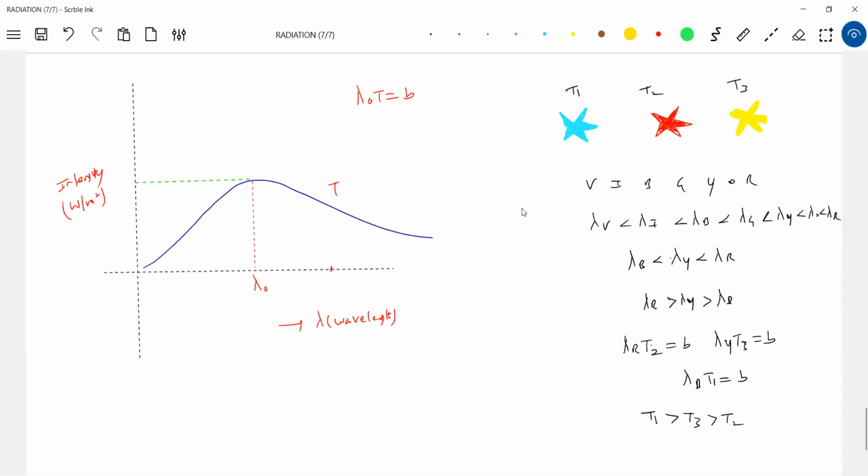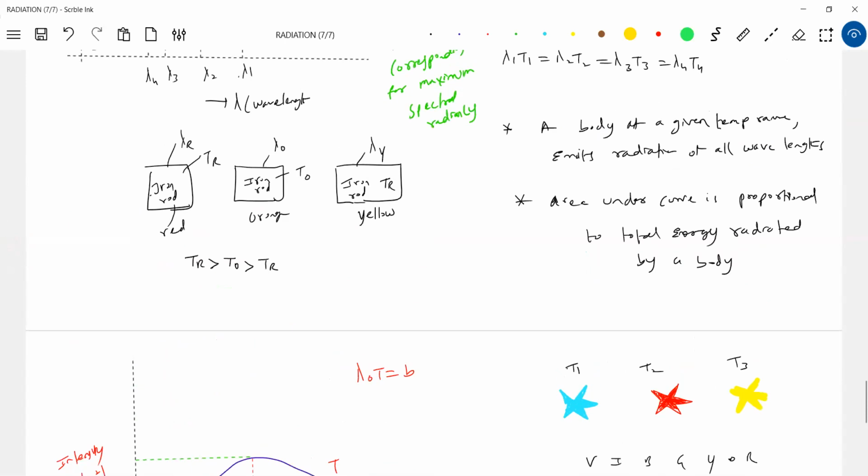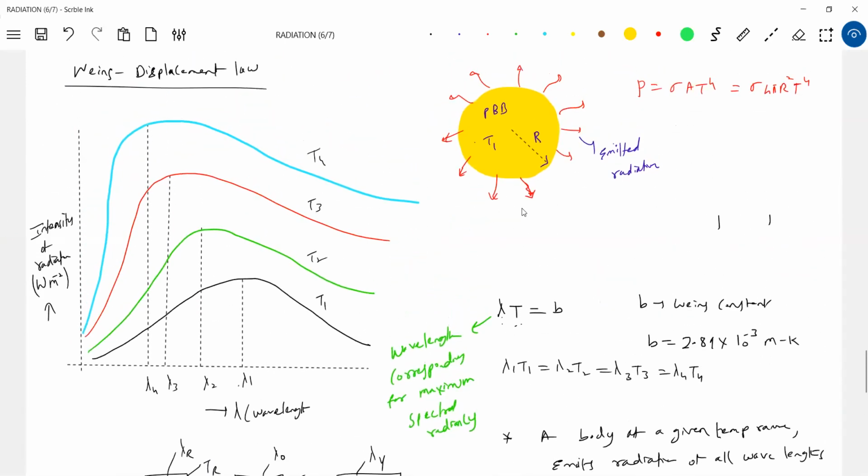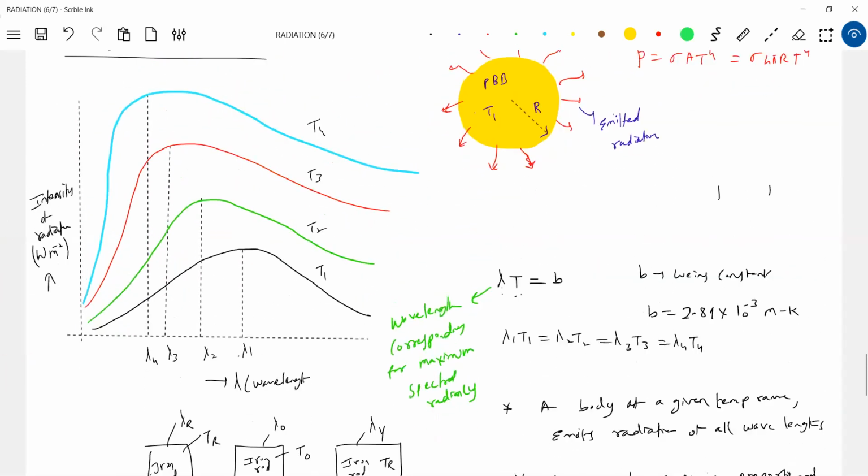There are basically Stefan's law and Wien's displacement law. What are the important things as we increase the temperature of the body? From here we can write lambda 4, lambda 3, lambda 2 less than lambda 1, and for temperature, T4 greater than T3 greater than T2 greater than T1.